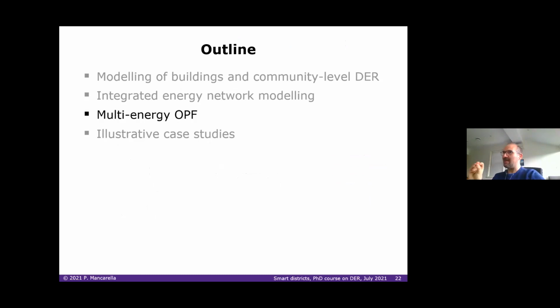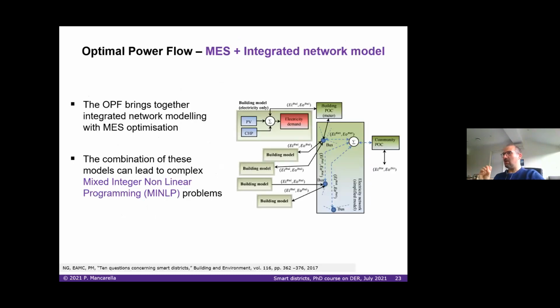And that's exactly the topic of multi-energy optimal power flow, where effectively what you have now is different buildings that are interacting. There could be a centralized controller, could be different controllers interacting with each other. And then the interaction is through non-linear energy networks. That's a difficult problem mathematically.